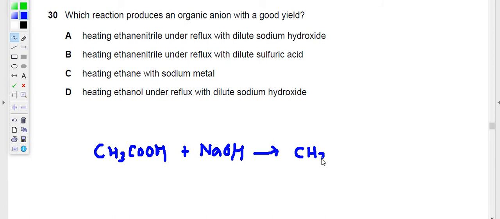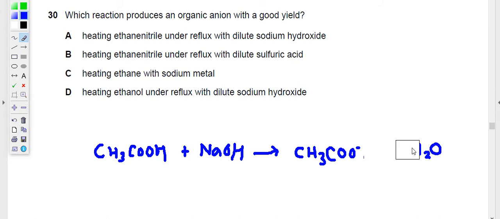CH3COO negative. This is an anion. And Na positive and H2O. So acid-base reaction, neutralization will give us a salt and also water. And then this salt can dissolve in water and give us an anion and also a cation.